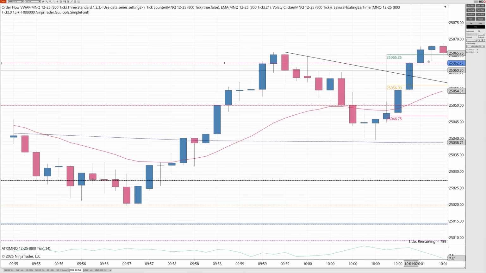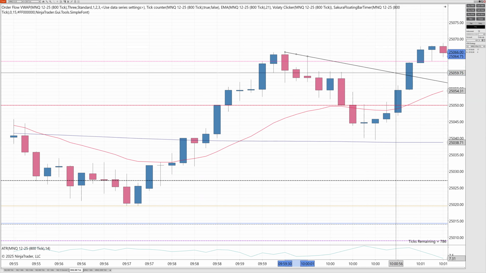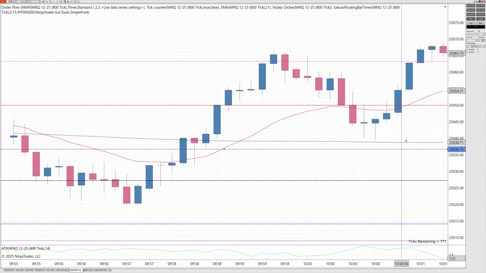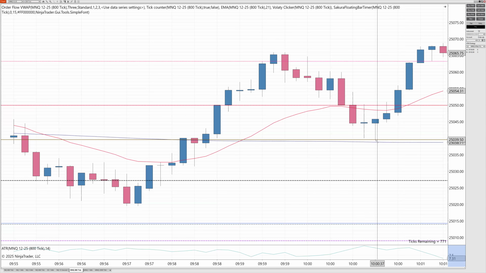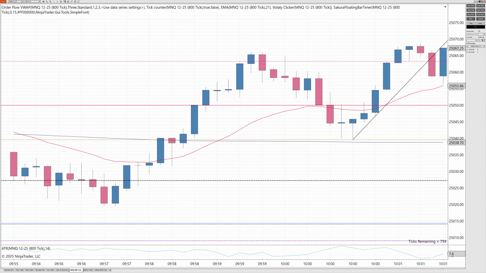Now our runner is right here. We made a new high, so our golden ruler moves up as well. This was a bearish trigger, but EMA is in the way, so we could not take it.